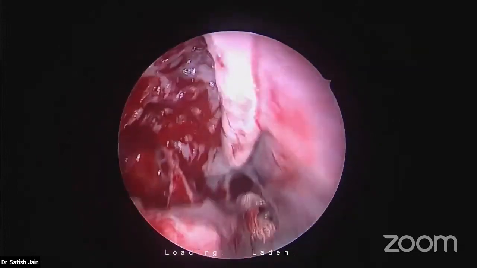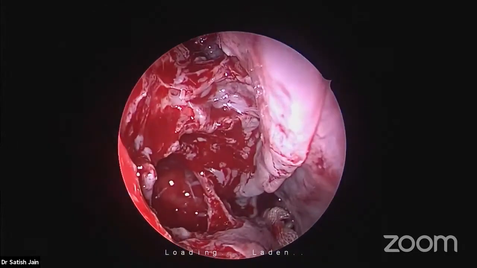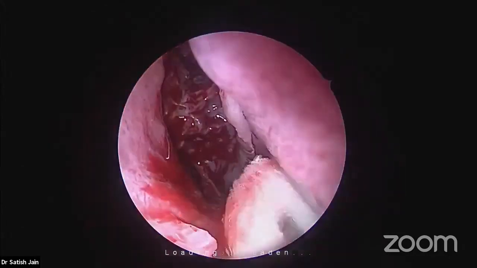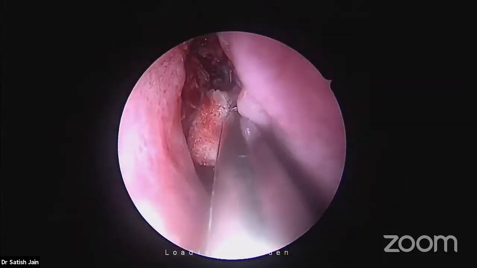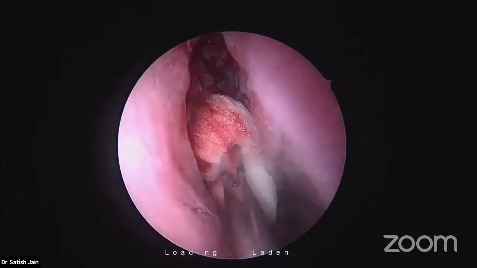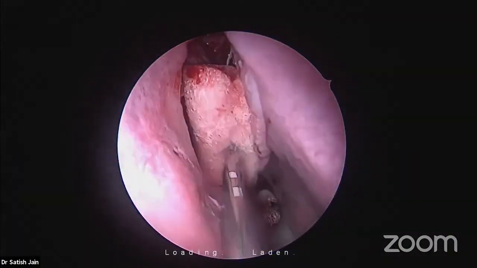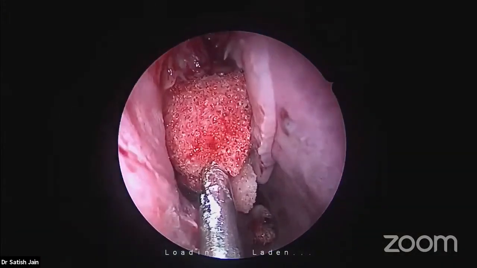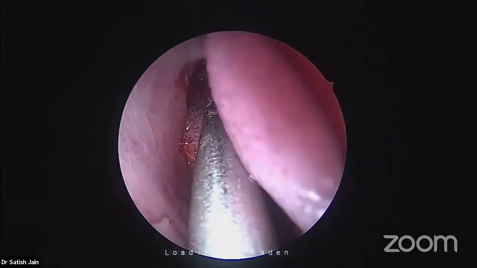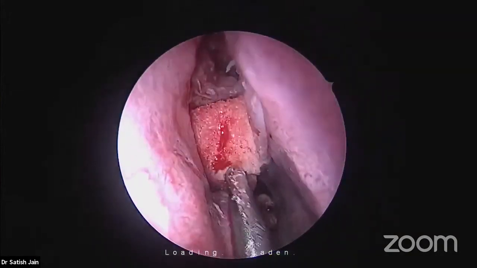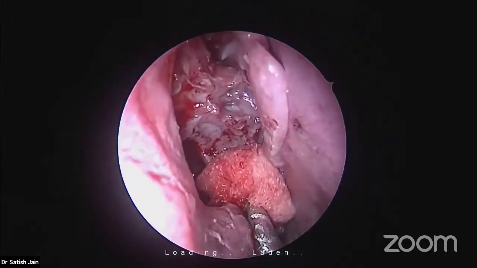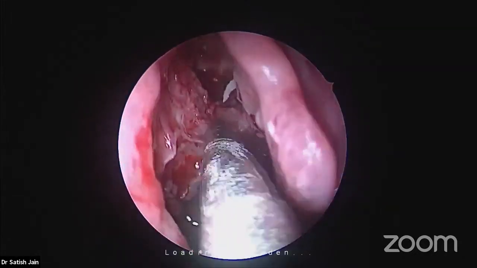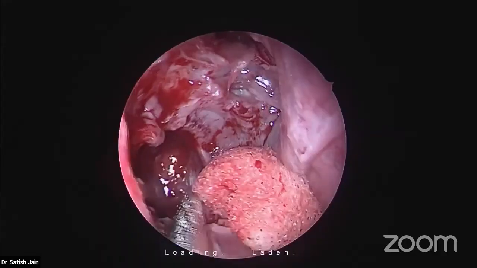So after the removal of the bulla, what you see in front is the ground lamella, the basal lamella, which is a part of the middle turbinate lying in the coronal plane. See that? And it goes up to insert on the skull base. It's an important landmark because all cells anterior to it, what we have done is anterior ethmoidectomy.